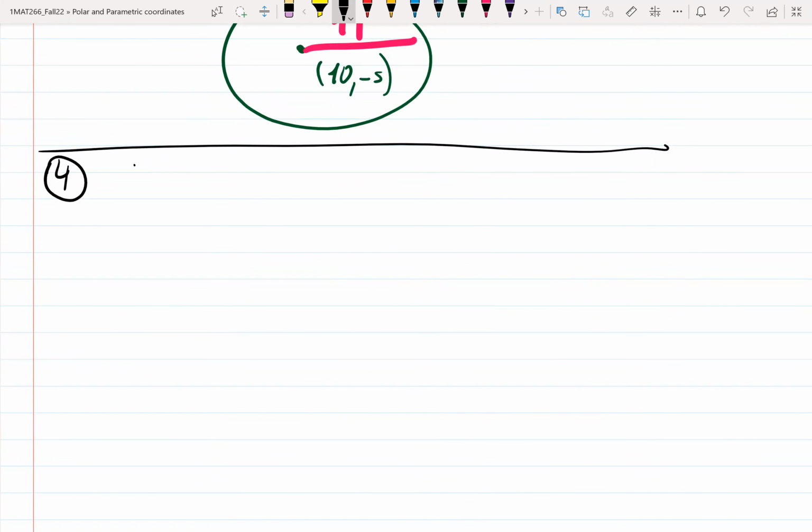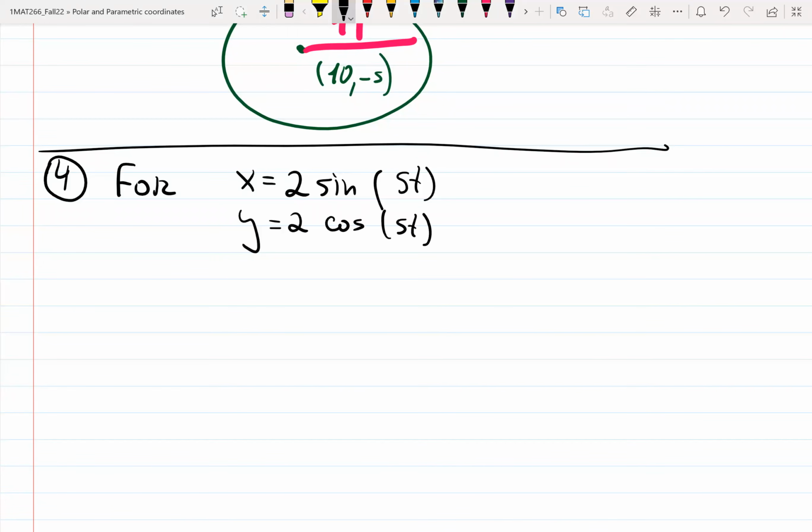For the function x equals, for example, 2 sine 5t and y equals 2 cosine 5t, and t is between 0 and pi, for example. Why not? 2 questions left.